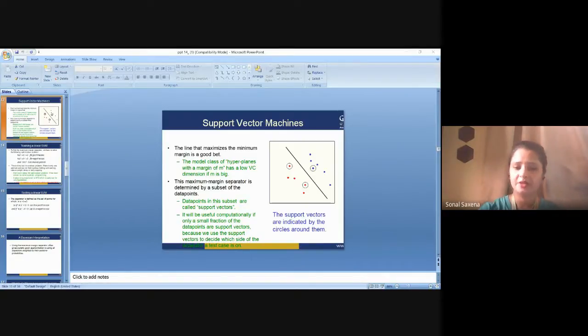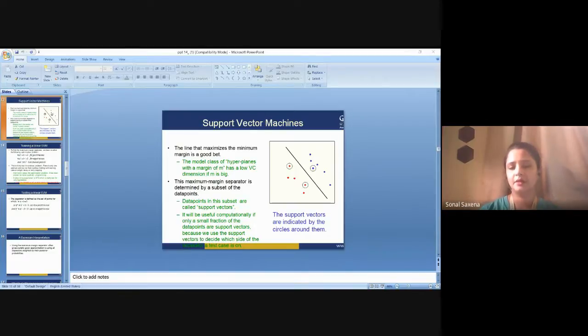Now with this choice of hyperplane, the points x in the feature space that are mapped into the hyperplane are defined by the relation summation of i, where alpha i is multiplied with the kernel function k(xi, x), which is equal to a constant.